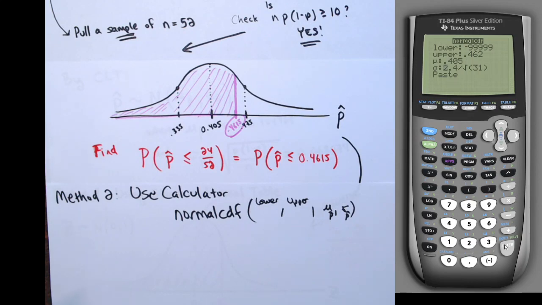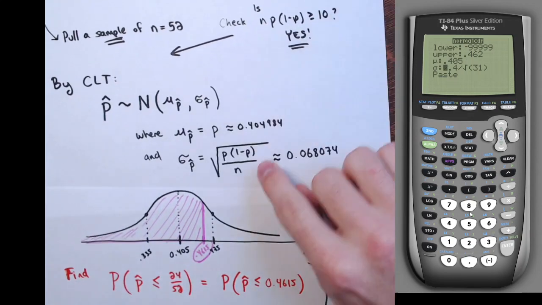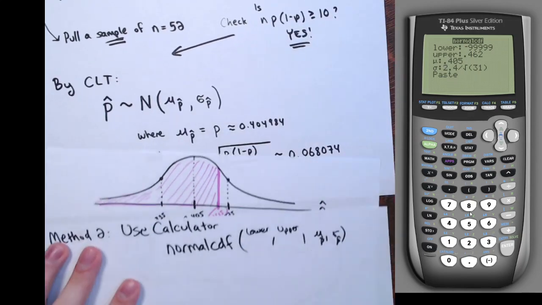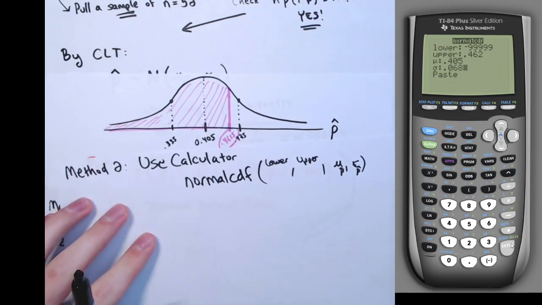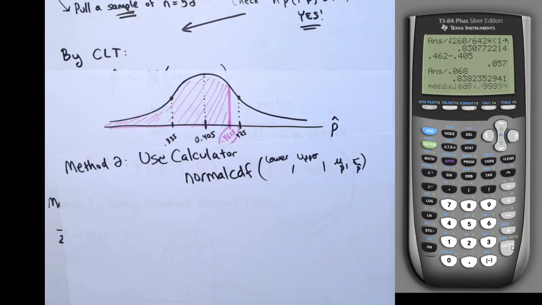The standard deviation was the square root of p times 1 minus p over n, the 0.068. And then I calculate, and look at this area coming up here. See, 0.7990. If you used this, it would have said you were wrong, because it was 0.800 on the table. They rounded up to 0.84 for the z-score.